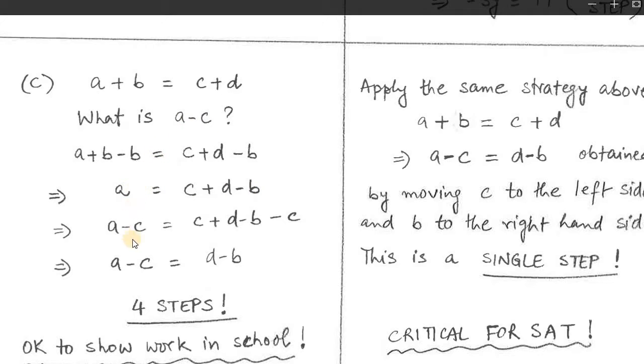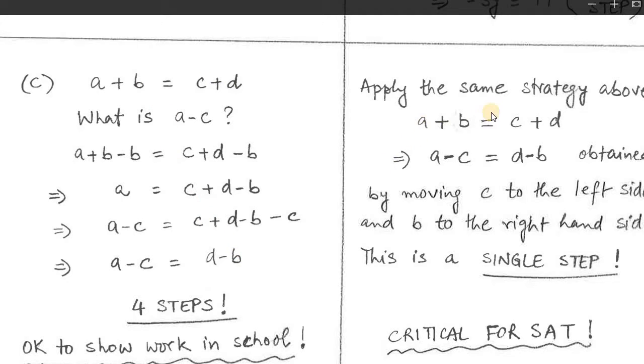So we add a minus c on this side of the equal sign, and on the right hand side, we add the same thing, which is minus c. So then we are left with a minus c equals, the plus c and the minus c cancel off, d minus b, right? So that's a long series of steps, and this is just for a simple example like this.